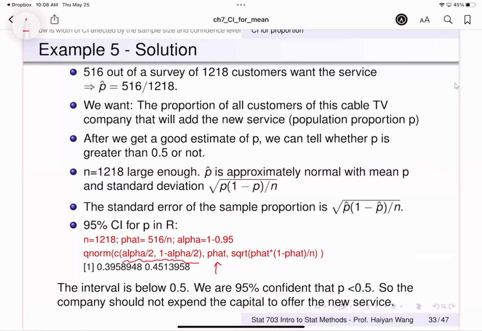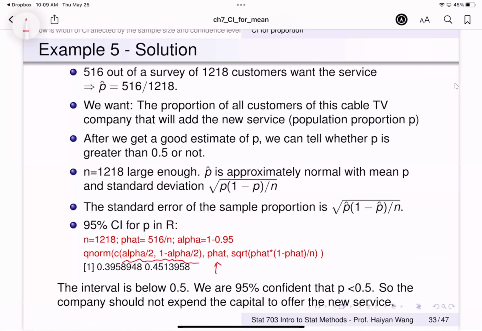The result of the confidence interval, if you look at the numbers, 0.395 and 0.45, clearly 0.5 is not in the interval. So this procedure that we're using to construct the interval is one of those where 95% of the time the interval should contain the true mean. And this one does not contain 0.5.